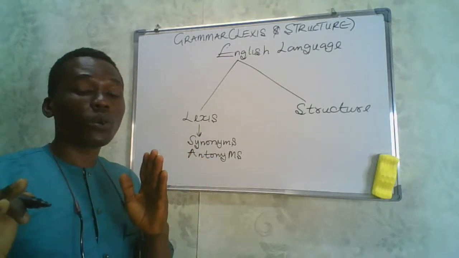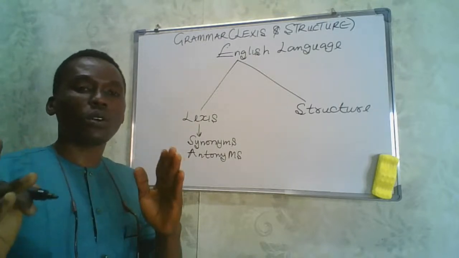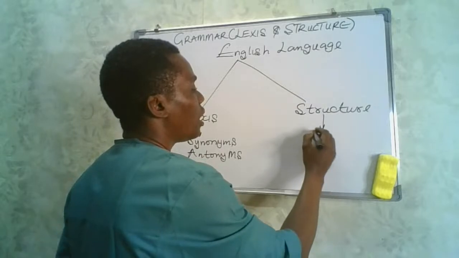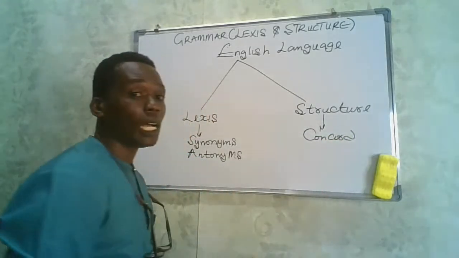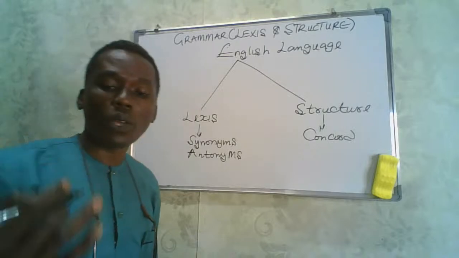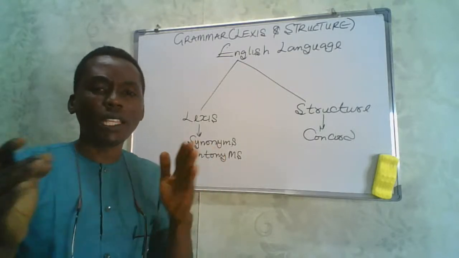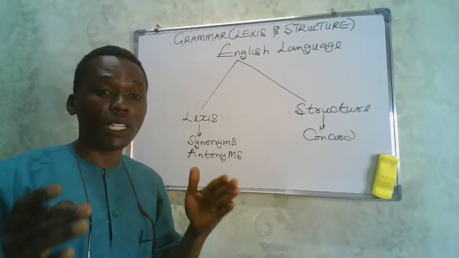And when you talk about structure, structure has to do with the grammar of the language itself. Under structure, you see concord, and that is where you have collocation and more other topics. Now you see the lexis, you see the structure. These are the foundation of English language.